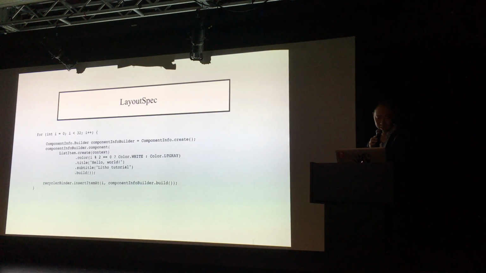You can pass them like this: using the builder pattern, you create a context, which is a Litho context, pass the color value, pass the title, and build it. Once you build a component, which is your Android view group, you can insert the item into the recycler binder.